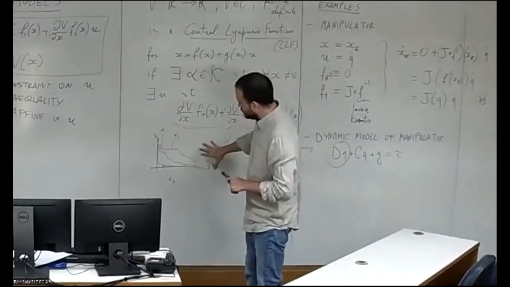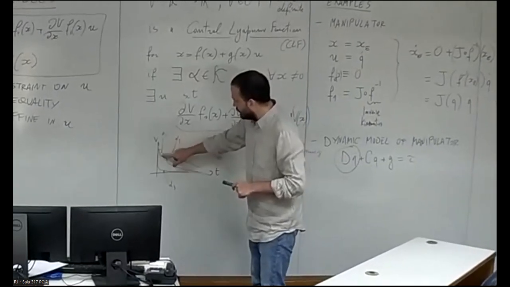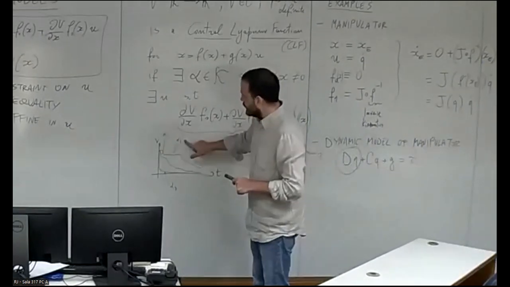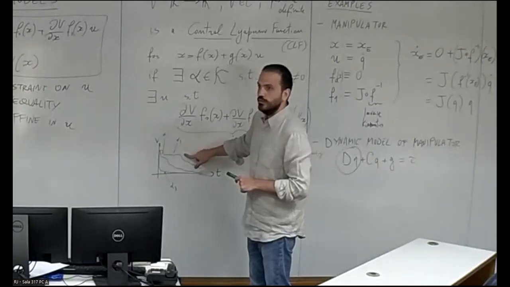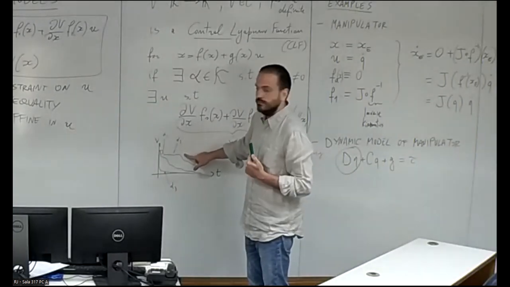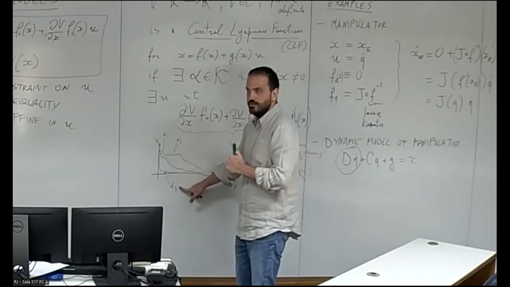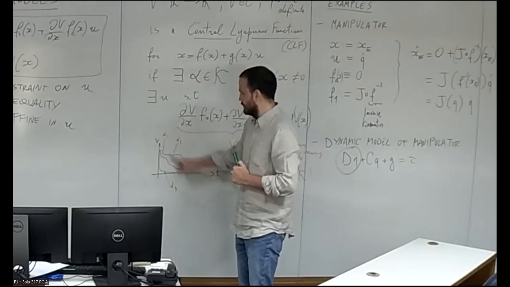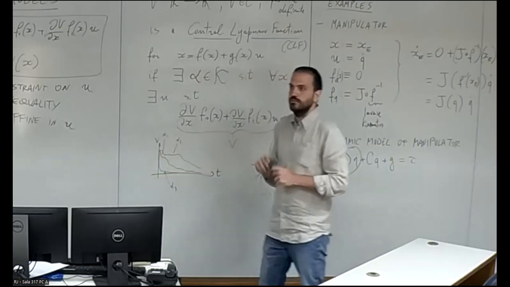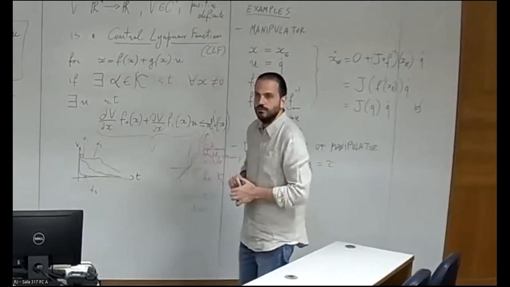Looking at this picture, alpha 1 is the middle one. With alpha 2, x is going to reach s slower. With alpha 3, x is going to reach s much faster, because V drops to 0 much faster.